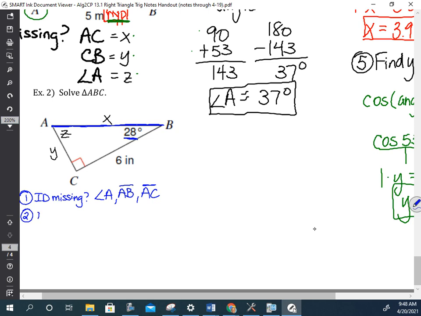Step 2 is to label. We always label based off of the angle that they gave us. They gave us 28 degrees. Across from the angle that they gave you, that is your opposite.